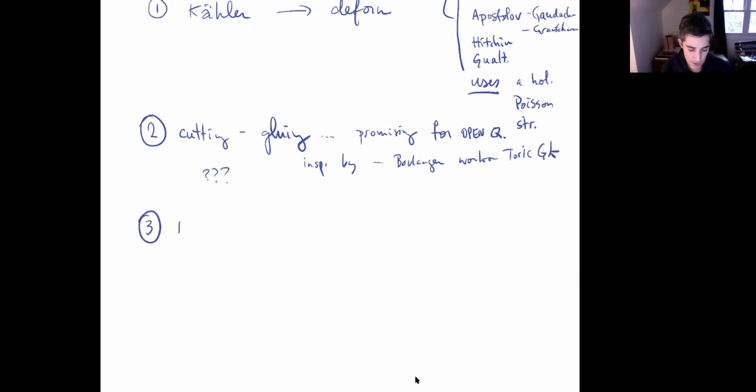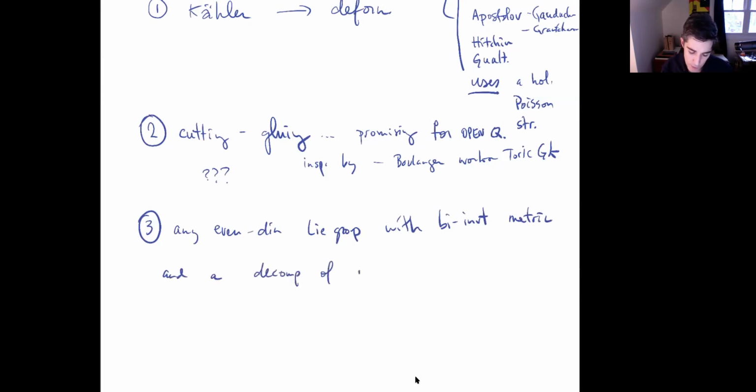Third example is semi-simple Lie groups, or any even dimensional Lie group with a bi-invariant metric and a decomposition of the roots into plus and minus subsets, and a choice of complex structure on the Cartan subalgebra.